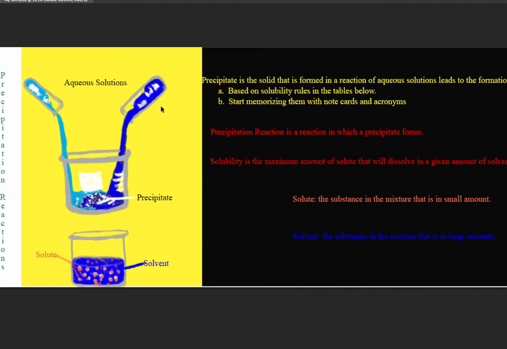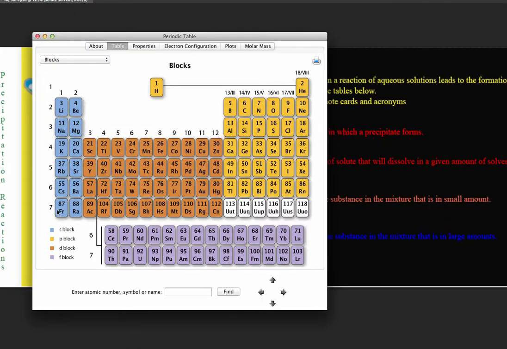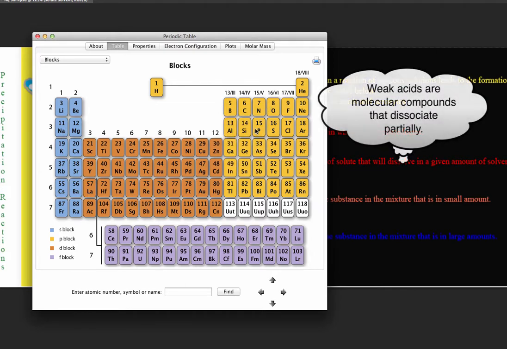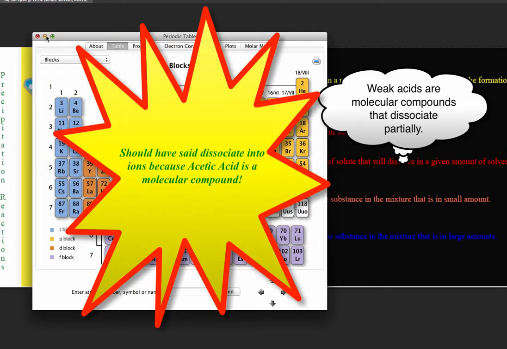Okay. So in aqueous solutions, when you have a solute placed in a solvent, it can ionize or dissociate depending on whether it's an ionic compound or a molecular compound. If you remember, elements that are metal and non-metal bonded together form ionic compounds, and when placed in water, they ionize, like sodium chloride, table salt. Or we could think of an acid. Acetic acid would ionize.